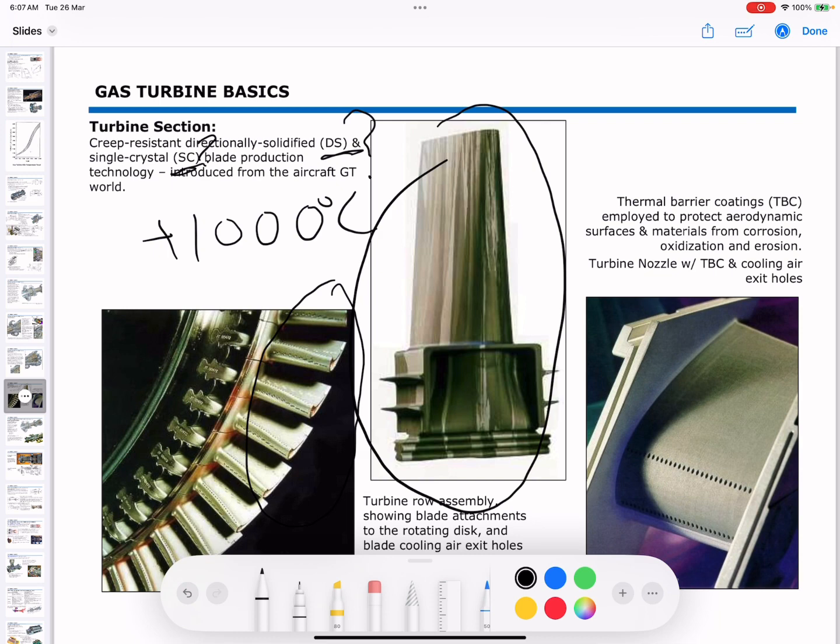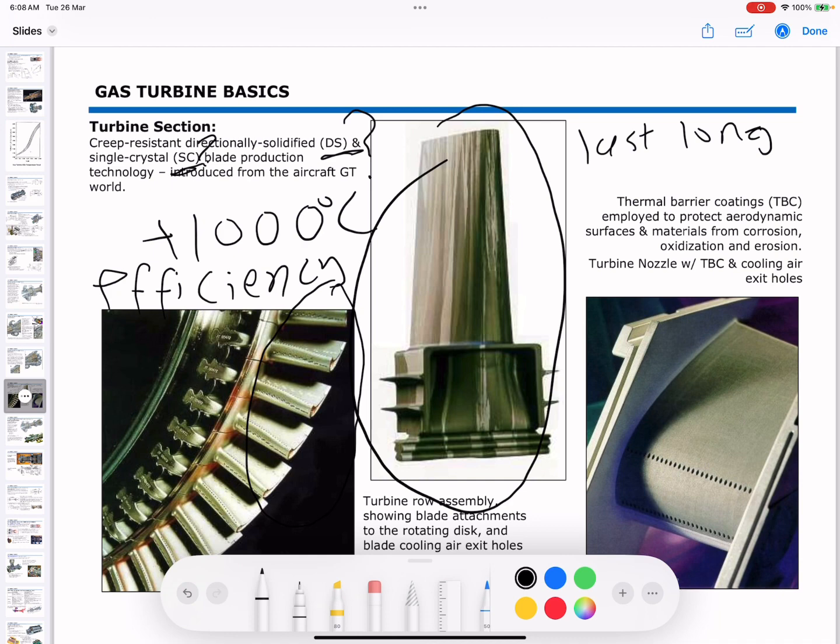Their application in turbine sections improves engine efficiency. So we can say it can improve efficiency, as well as reliability, which can make it last long, and also durability.